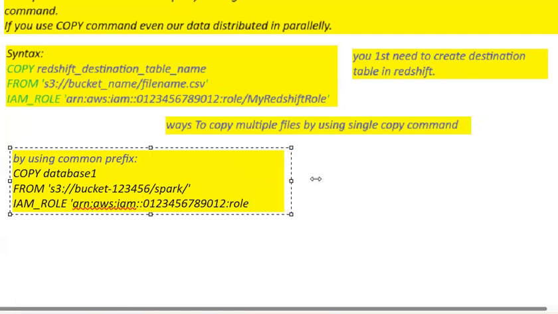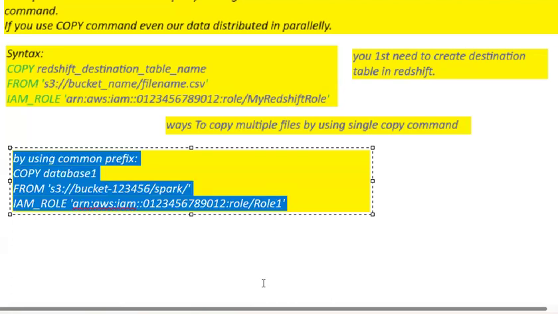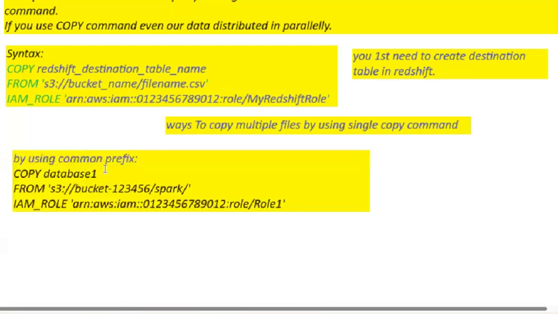Whenever you copy the IAM role, it will look like this only. And I put the IAM role name as role 1. So this is one way: by using a common prefix, you can copy multiple files by using a single copy command.